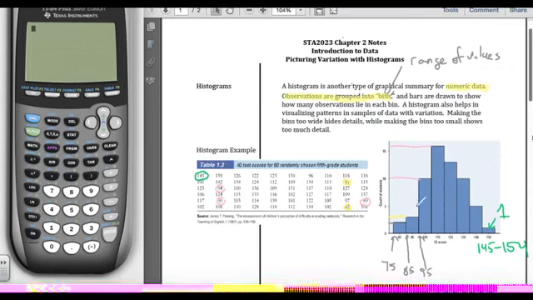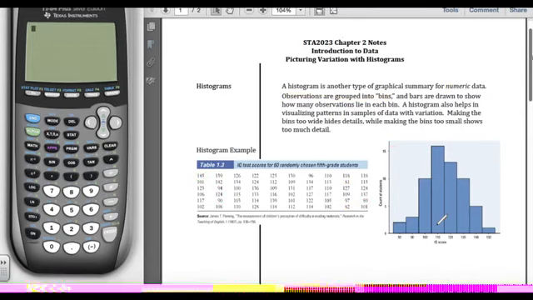It might be a little bit higher, a little bit lower. And I don't want to look at the individual values here. Number one, I've got a lot of data, 60 data pieces. And number two, there's not a huge difference between an IQ of 106 and 108. They're close enough that I could group those together in the same bin. So we just group those together.